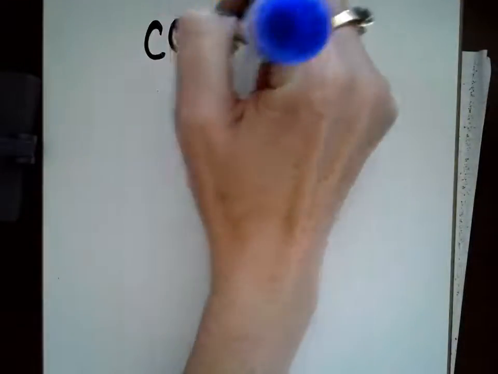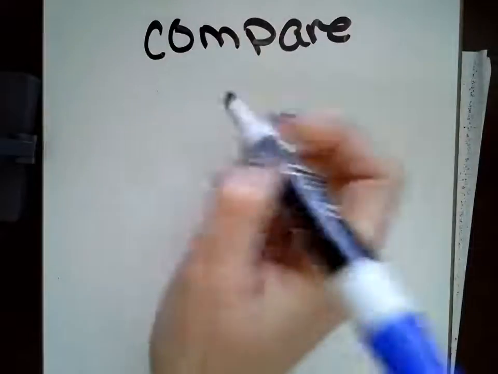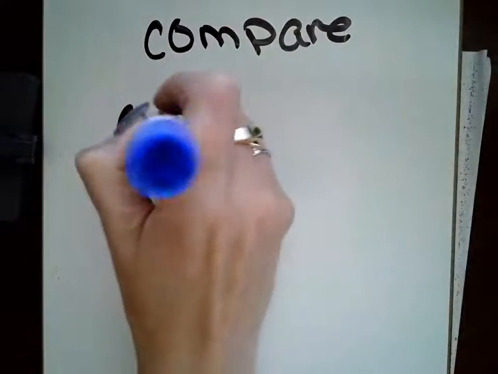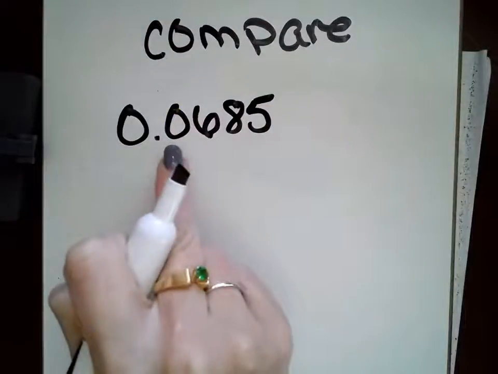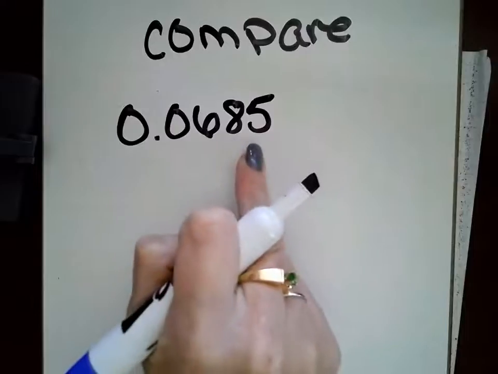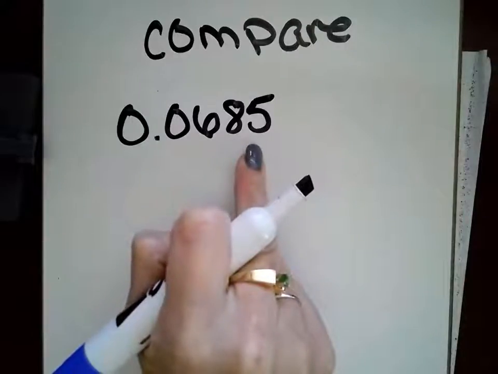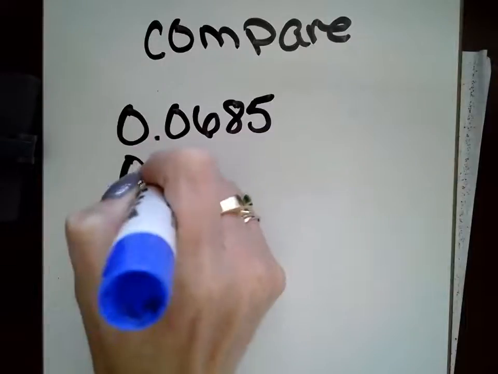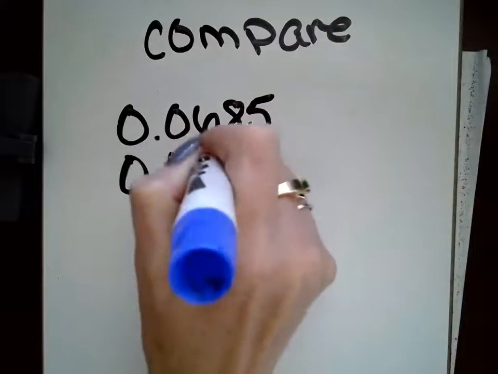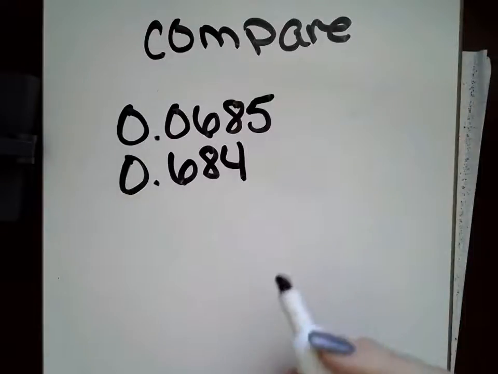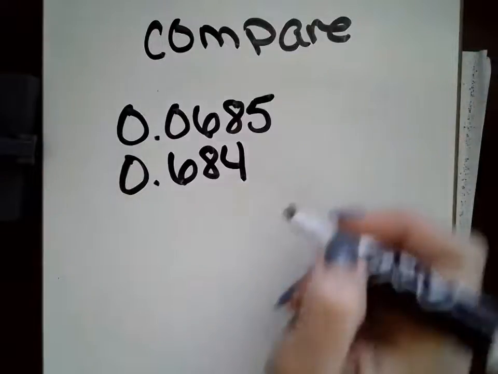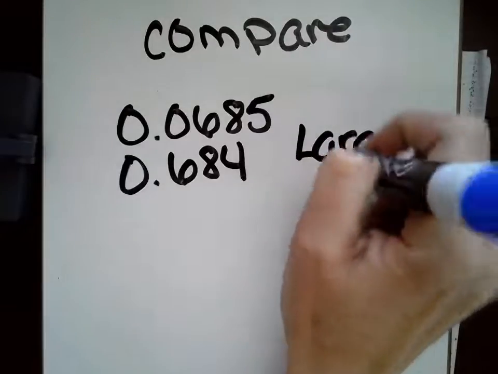If we need to compare decimals, we can do it place by place. So if I have the decimal that looks like this, our tenths, hundredths, thousandths, 10,000ths, so 685 10,000ths, and we have the decimal, this is in the tenths, hundredths, thousandths, so 684 thousandths, and we wanted to compare them, find out which one is larger.